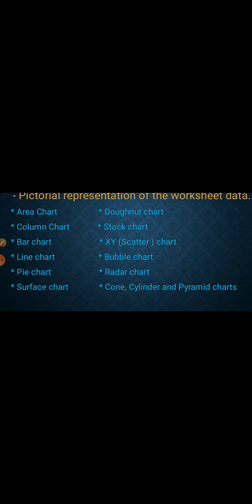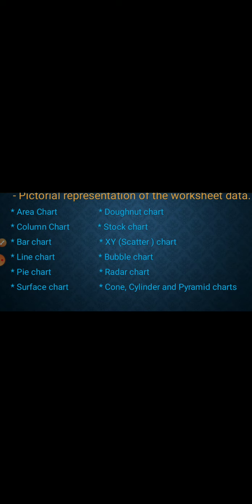An area chart emphasizes the magnitude of change over time. A column chart shows the data changes over a period of time. Column charts have some different variations, that is the stacked column chart and another is the 3D chart.